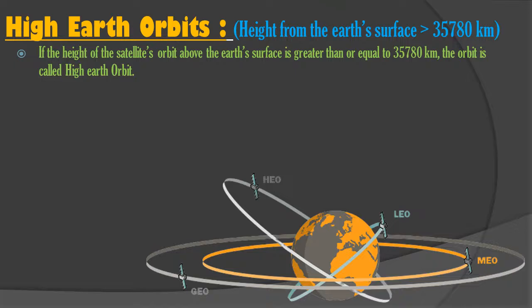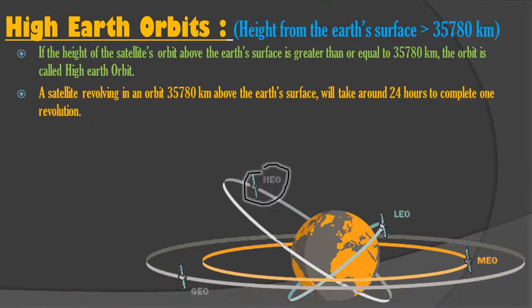This is the high Earth orbit which I have mentioned. A satellite revolving in an orbit about 35,780 km above the Earth's surface will take around 24 hours to complete one revolution.